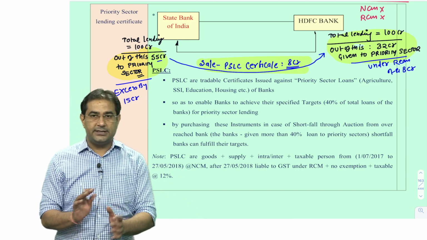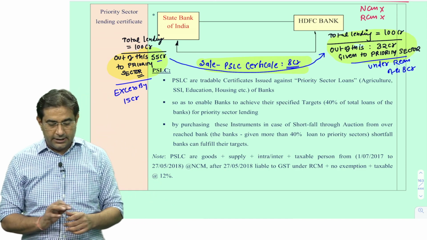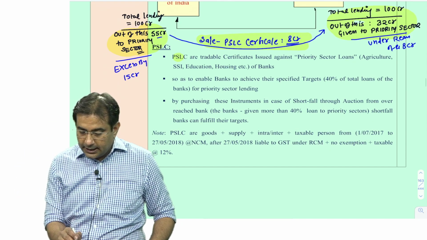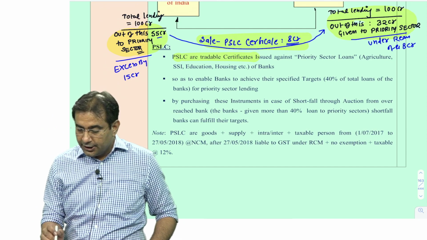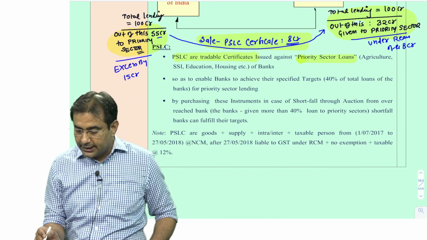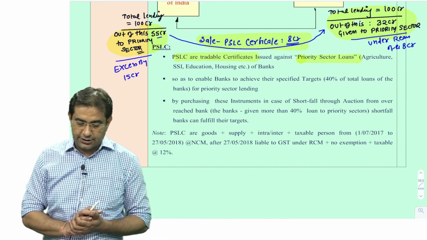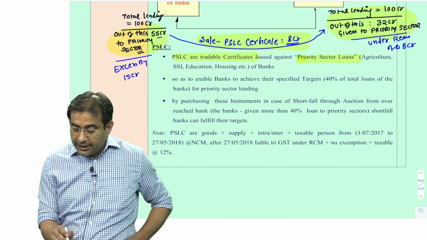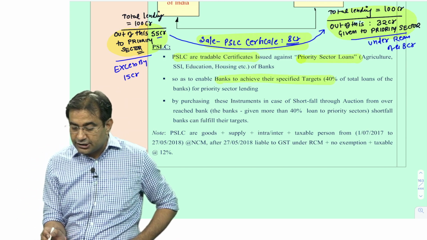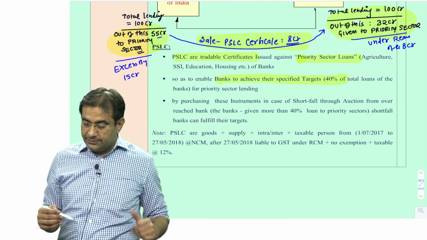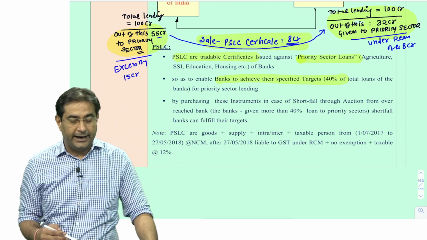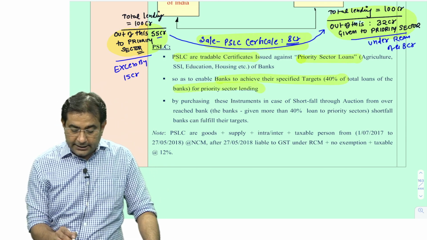Is it okay? Yes. PSLC are tradable certificates issued against priority sector loans, agriculture, SSI, education, etc., so as to enable banks to achieve their specified target of 40% of the total loans of the bank for priority sector lendings.